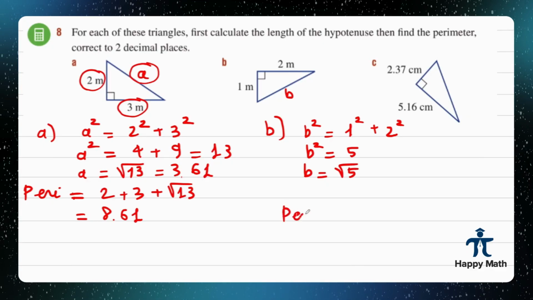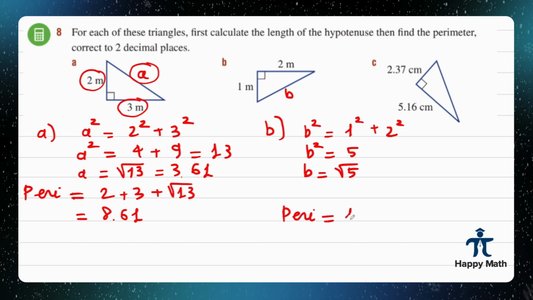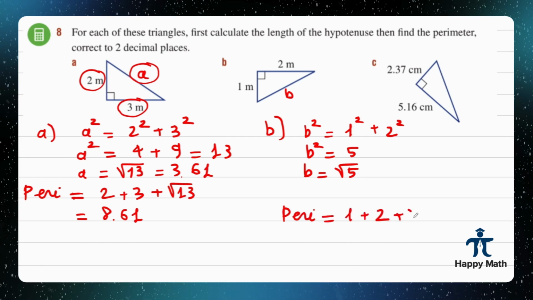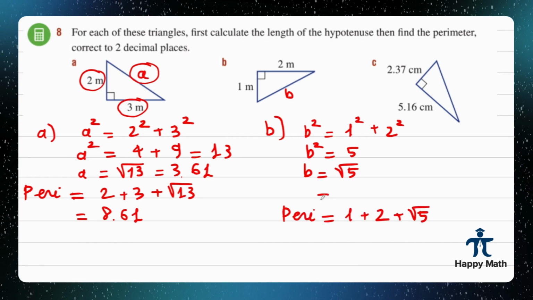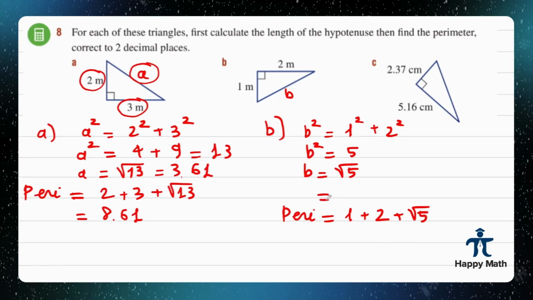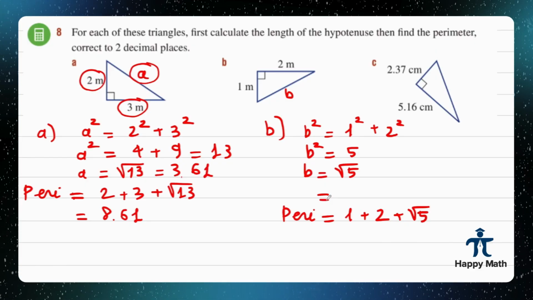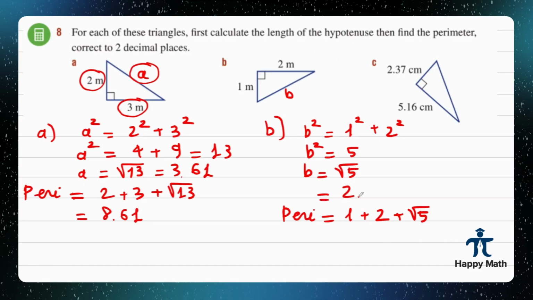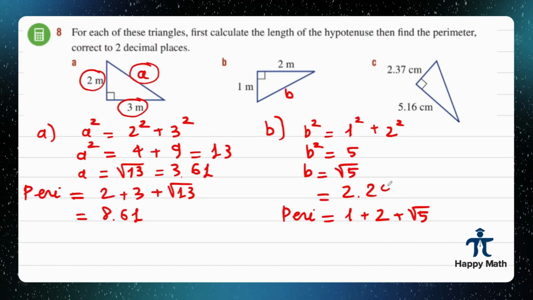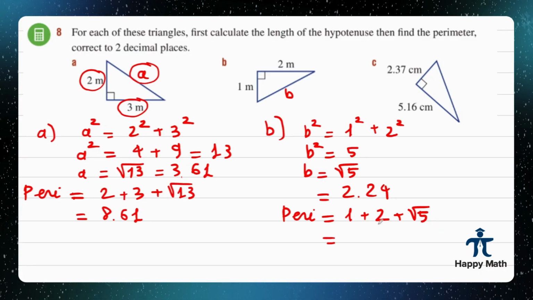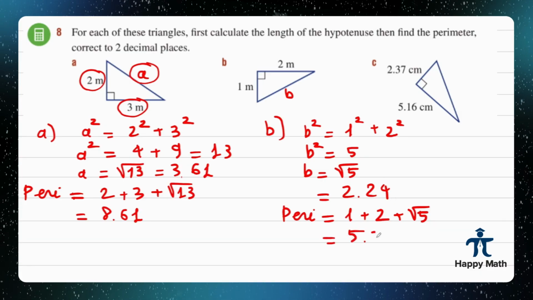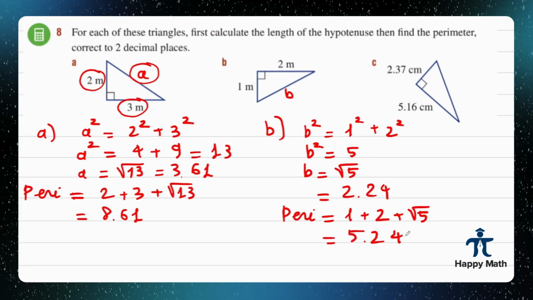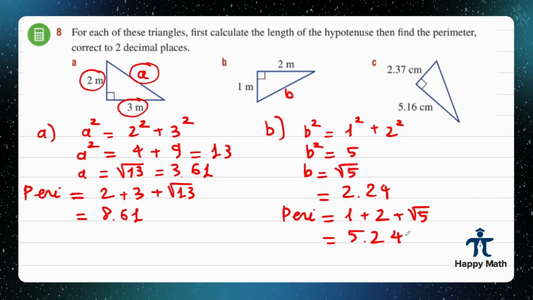And the perimeter will be 1 plus 2 plus the square root of 5. Now time to convert the number. The square root of 5 is 2.24, and add 3 more, 5.24. Question B, we finished.